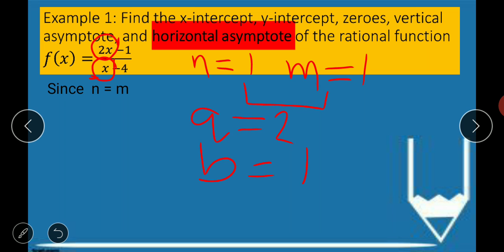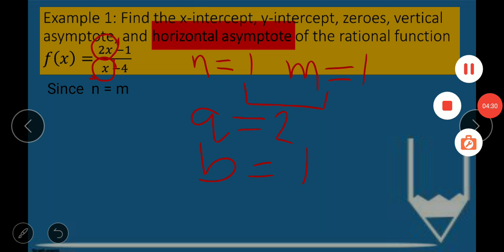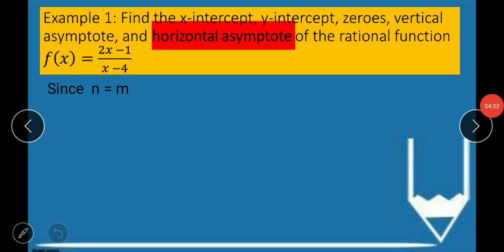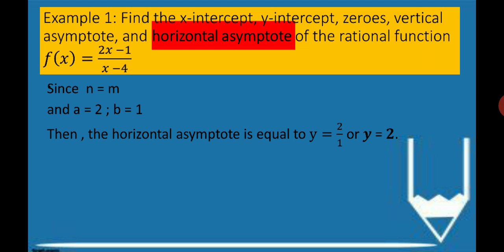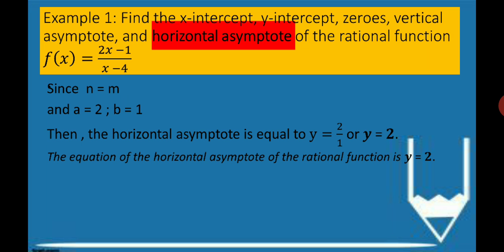Since A is equal to 2 and B is equal to 1, the horizontal asymptote is equal to 2 over 1, or y equals 2. Therefore, the equation of the horizontal asymptote of the rational function is y equal to 2.